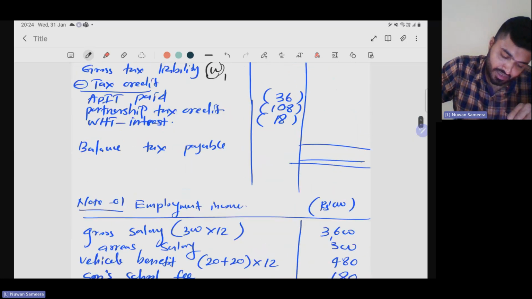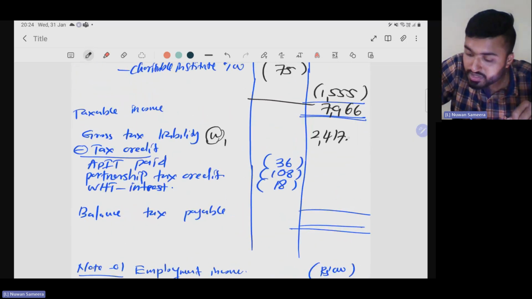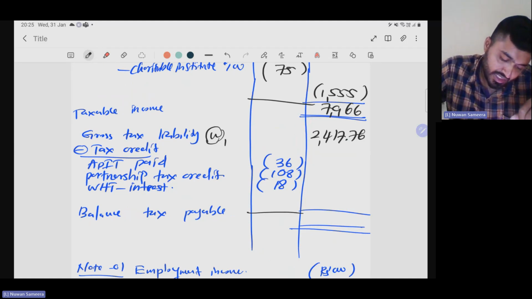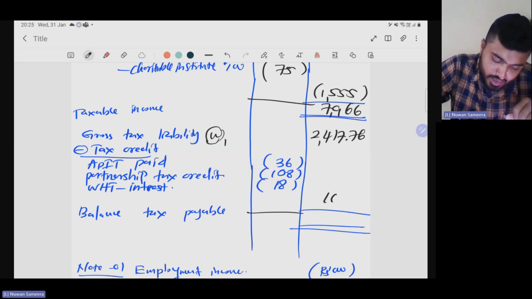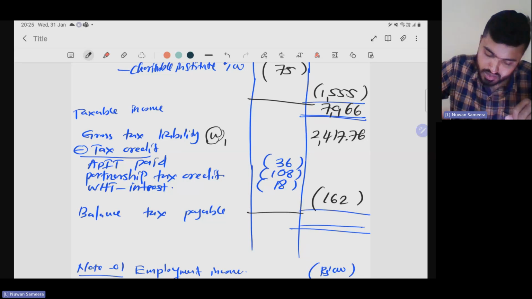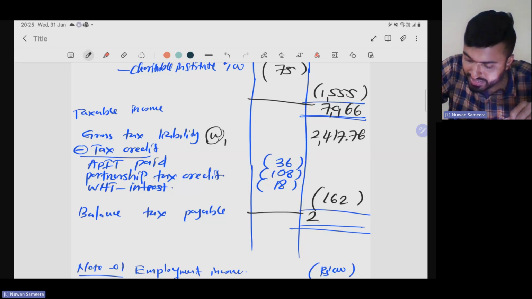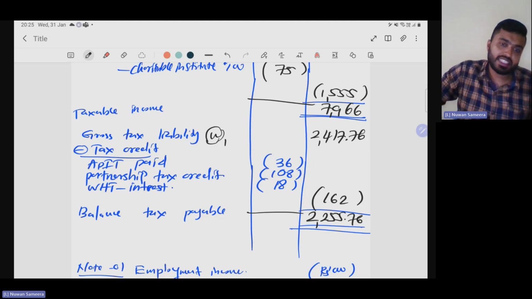Sorry, total tax liability, 2,417.76. So here the available tax credits, now you can see 36,010 and 180,462. So you can see the balance tax liability, 2,255.76. So this is the balance tax payable.